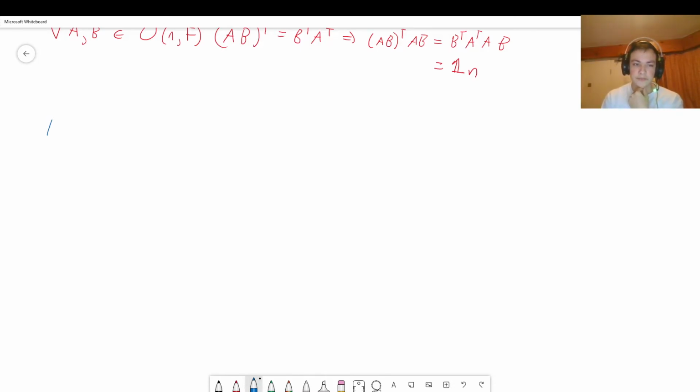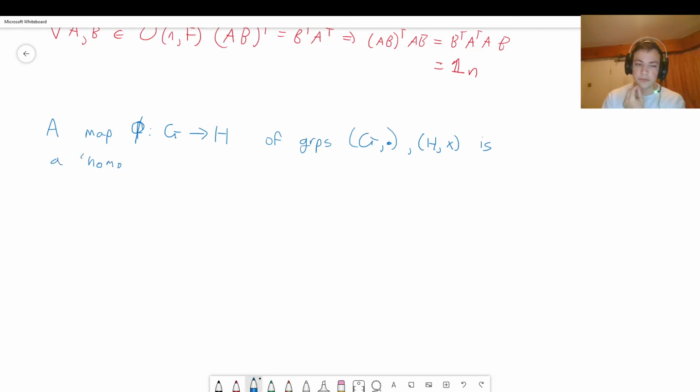A map phi from G to H of groups, we'll call them G with a dot and H with a times, is a homomorphism. So this means it's a same morphism.